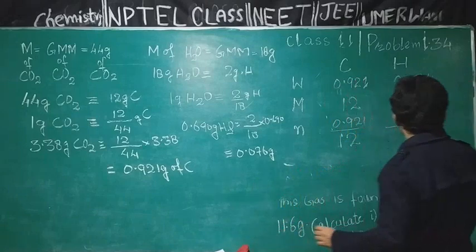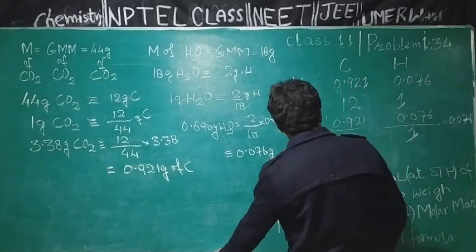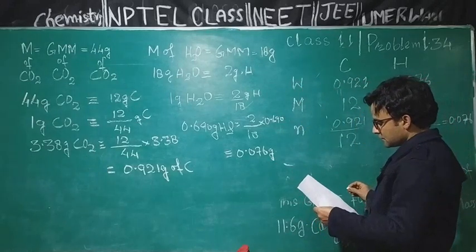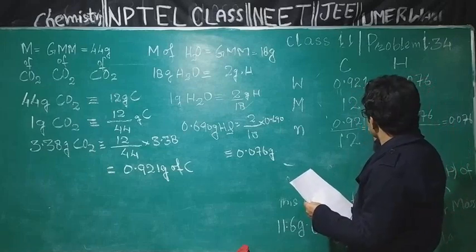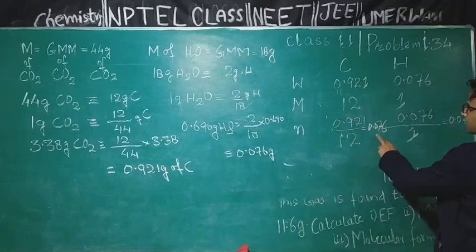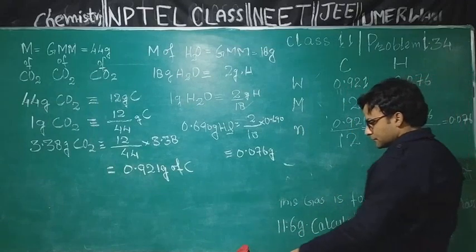It comes equal to 0.076, and 0.921 divided by 12 also comes equal to 0.076. So the number of mole atoms of carbon is 0.076, and the number of mole atoms of hydrogen is 0.076.